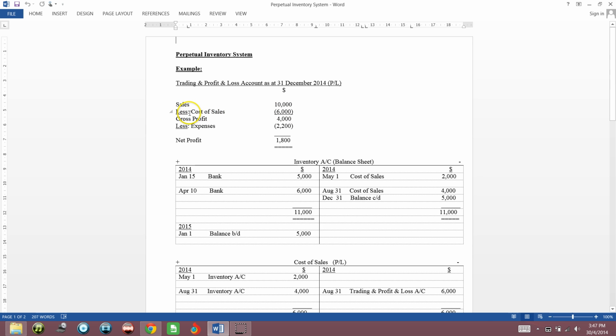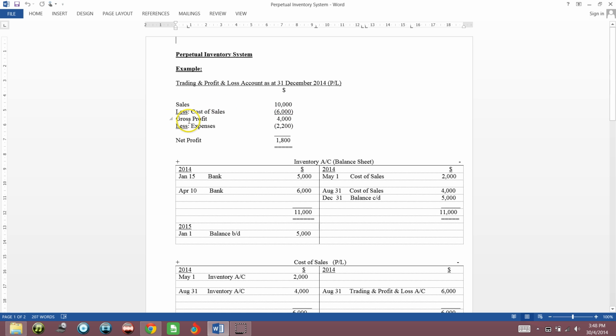You don't have a breakdown of cost of sales into opening inventory, add purchases, less closing inventory. For the perpetual inventory system, cost of sales is just cost of sales. There is no further breakdown. This happens only in the periodic stock system. So over here is only one account, cost of sales.